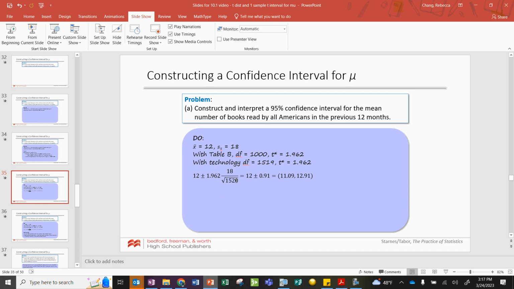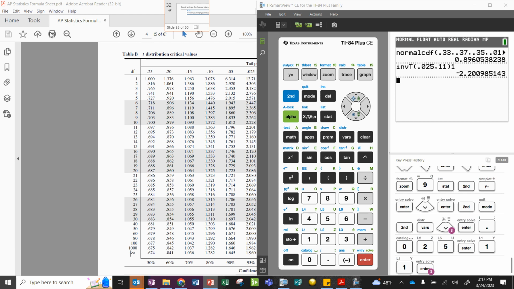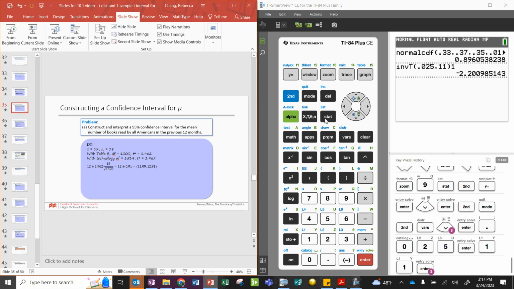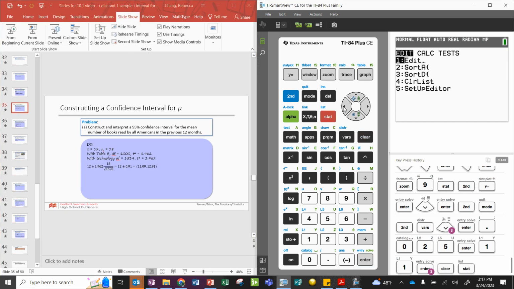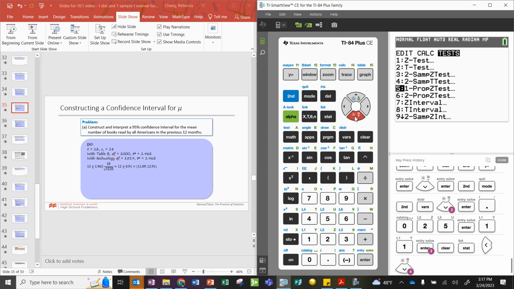Great. Now you need to be able to write this formula down, but just like with proportions, you're going to go to the calculator to do the actual number crunching. So we're going to go to stat test, and we're doing a T interval. If I scroll down, I see T interval.